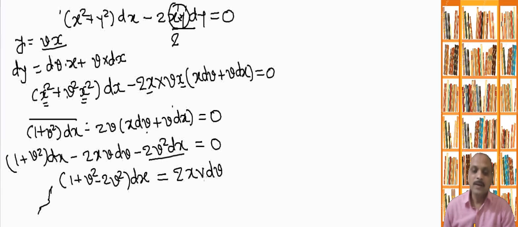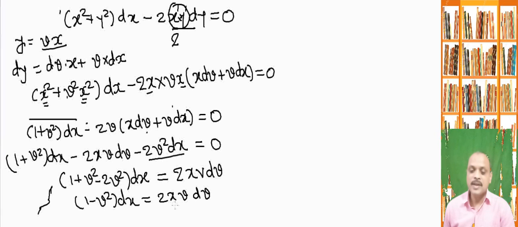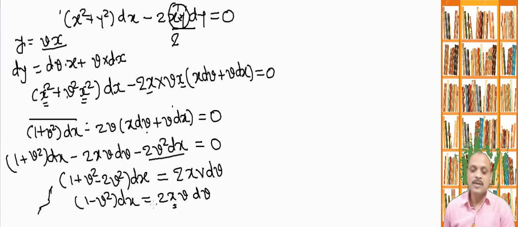Now v square and minus 2v square, (1 minus v square) dx equal to 2x into v into dv, right.